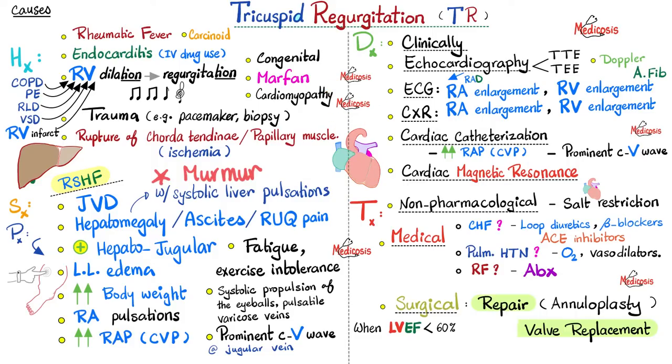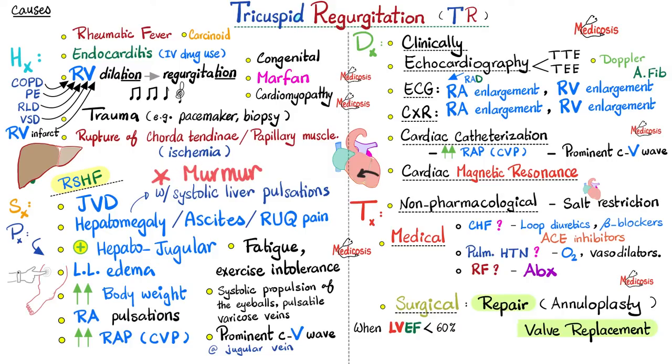Ventricular septal defect, blood is going to flow from the left ventricle to the right ventricle through the ventricular septal defect until you overwhelm the right ventricle. Right ventricular dilation ends in tricuspid regurgitation. Congenital diseases can lead to tricuspid regurgitation. Marfan can lead to tricuspid regurgitation. Cardiomyopathy can lead to tricuspid regurgitation.